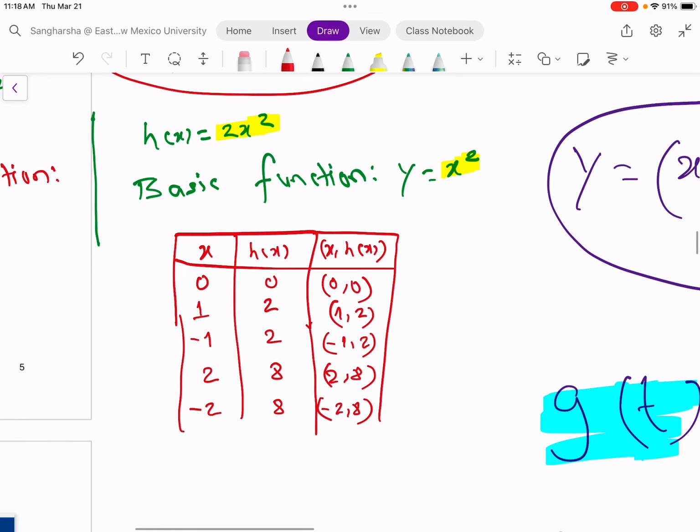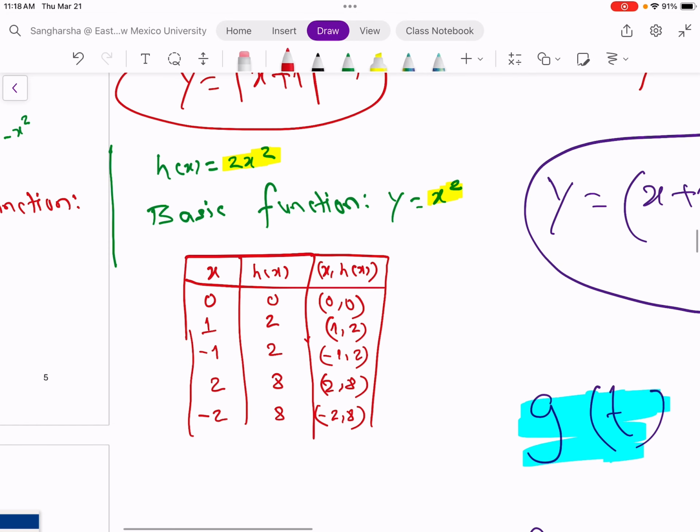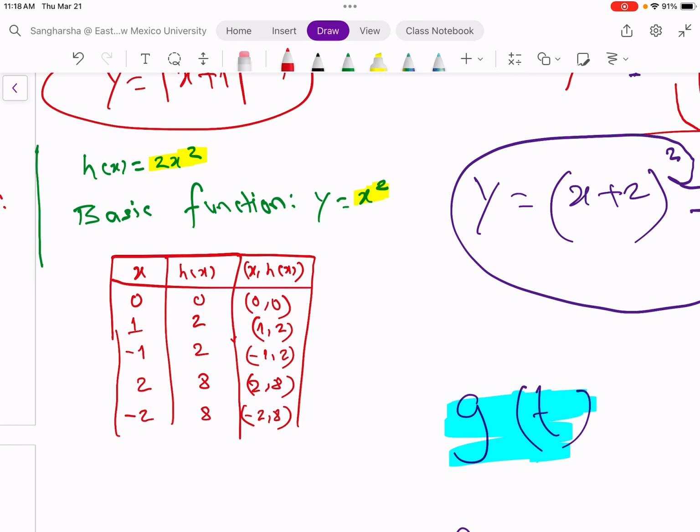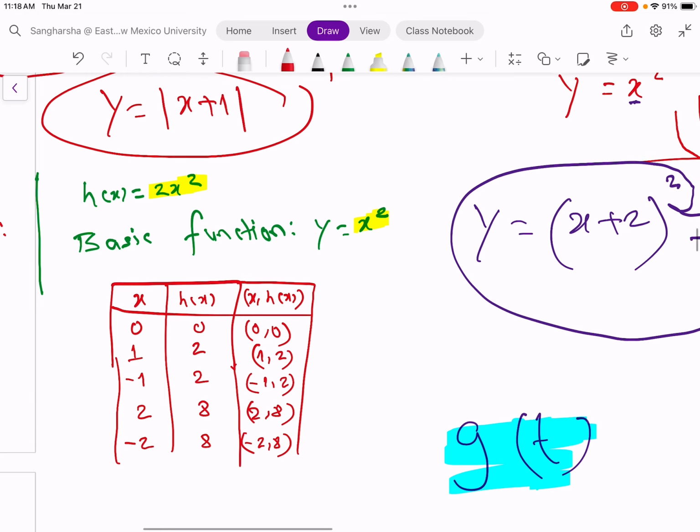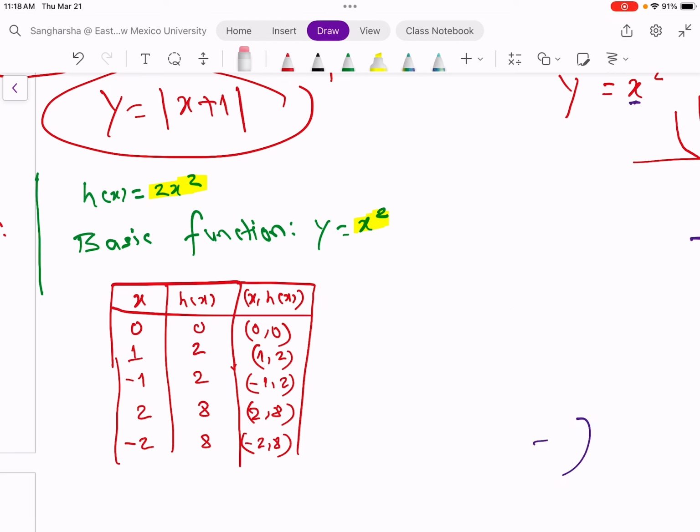Now once we have the basic graph for a basic function, we can stretch vertically away from the x-axis, or you can use this table. So you draw the graph for a basic function.